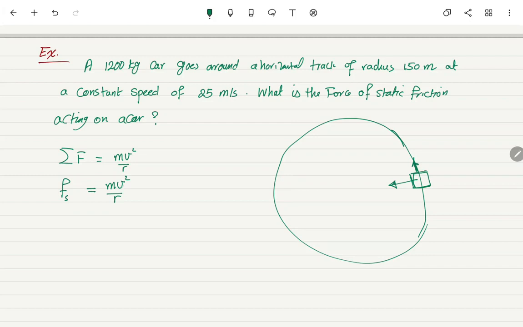We do have the mass of the car, the speed of the car, and the radius of the circular path as well. You substitute these numbers back in this one here, you will get the static friction equal to 5,000 newtons.